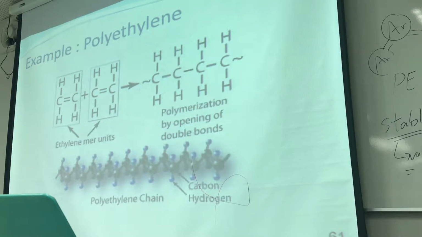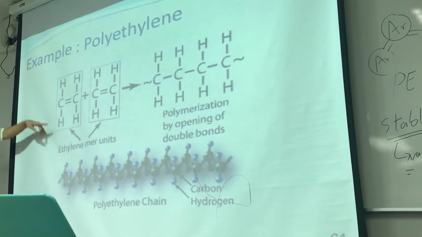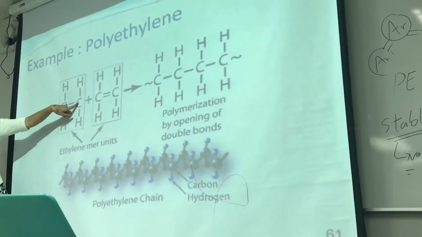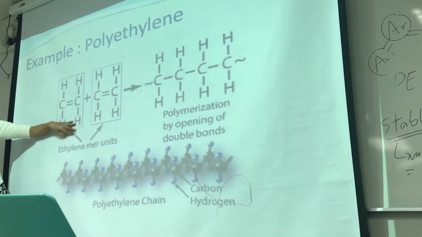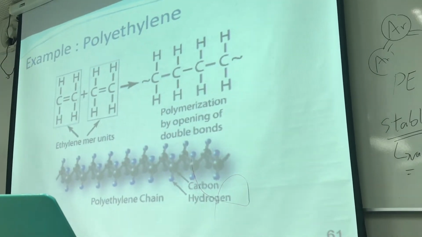C2H4 is ethylene. Have you heard of it? No? If you never heard of it, please try to look it up right now. Ethylene, monomer: two C's and four H's. And remember, normally C has how many legs?